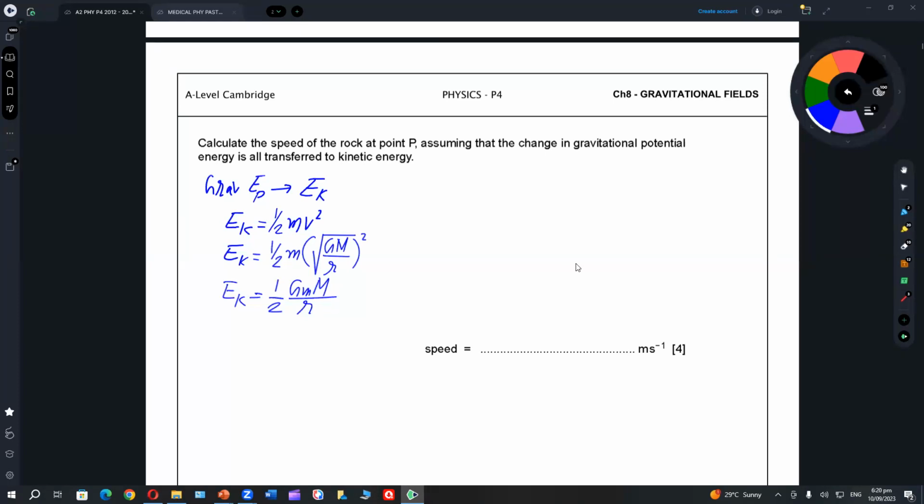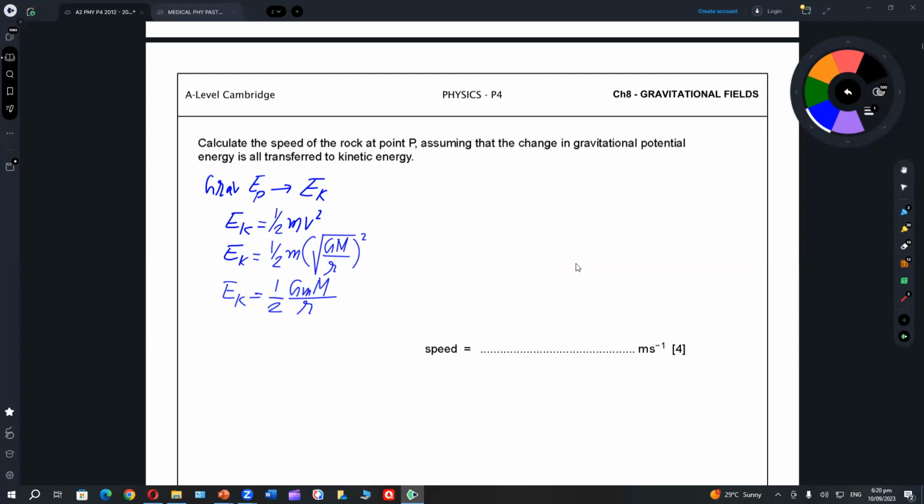So we need to find the velocity. Either we find kinetic energy first, or we can equate the kinetic energy directly to potential. So there are two options we can try.